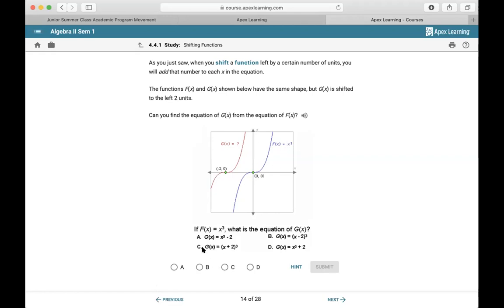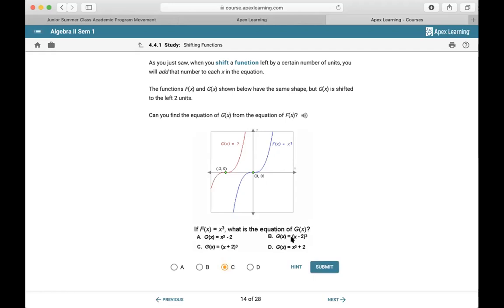So your answer is going to be C here, because I have to add 2 directly to my x, but I still need to cube the result. We can check this by looking at the point: if I have negative 2 for my x value, negative 2 plus 2 is 0, and 0 cubed is 0.